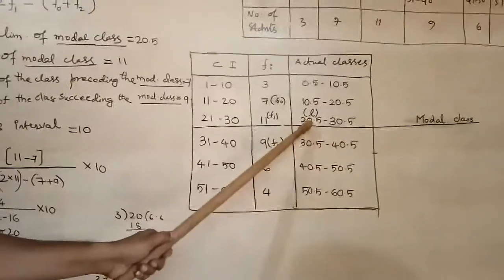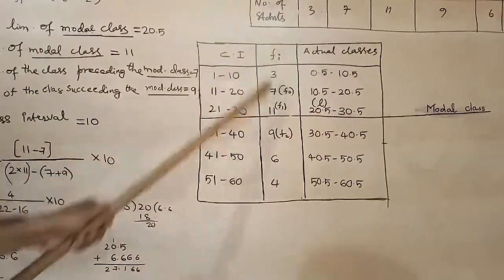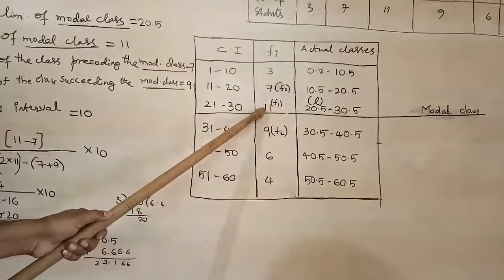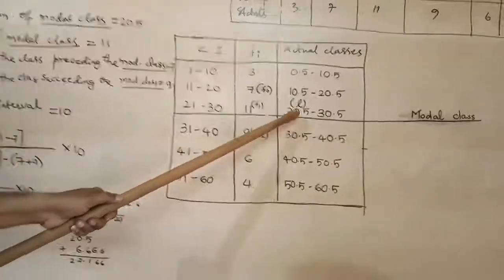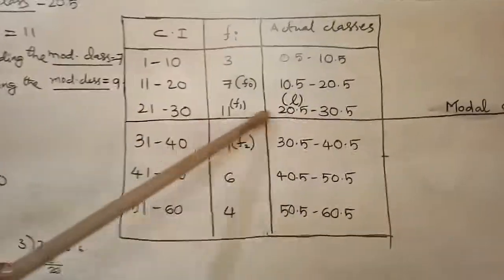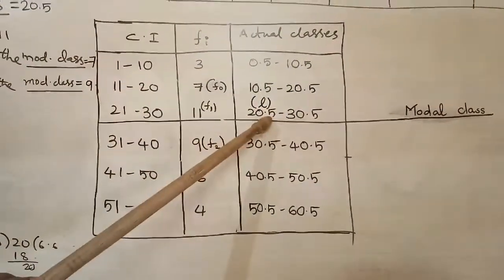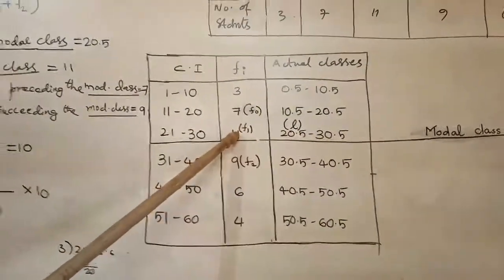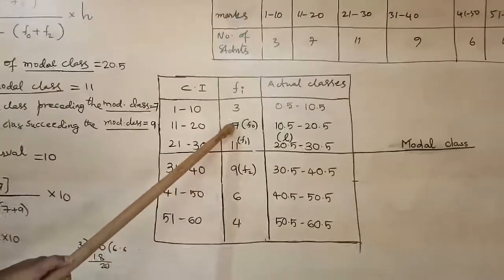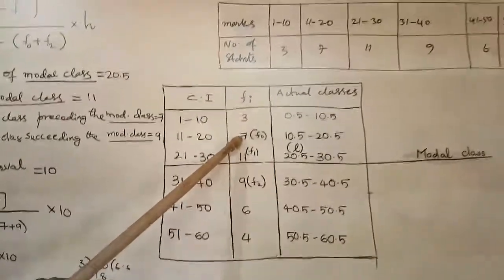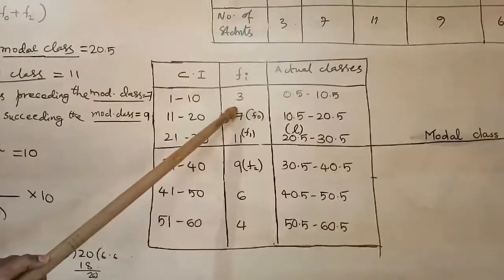Here, in the frequencies, which is the highest frequency? Against this we have a class, and this class is known as the modal class. After knowing the modal class, find its frequency, F1.